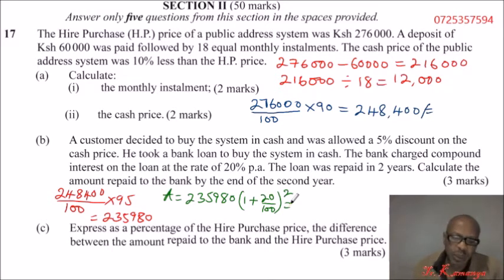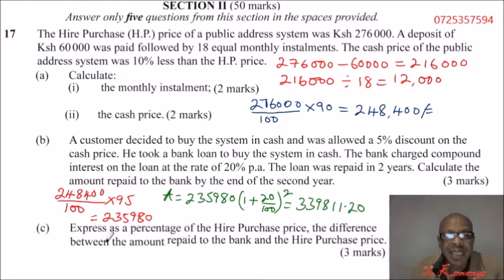So you multiply 235,980 by 1.2 raised to power 2, or 1.2 squared. Compute that in your calculator, and you'll get 339,811 and 20 cents. So that is the amount of money that was paid to the bank.